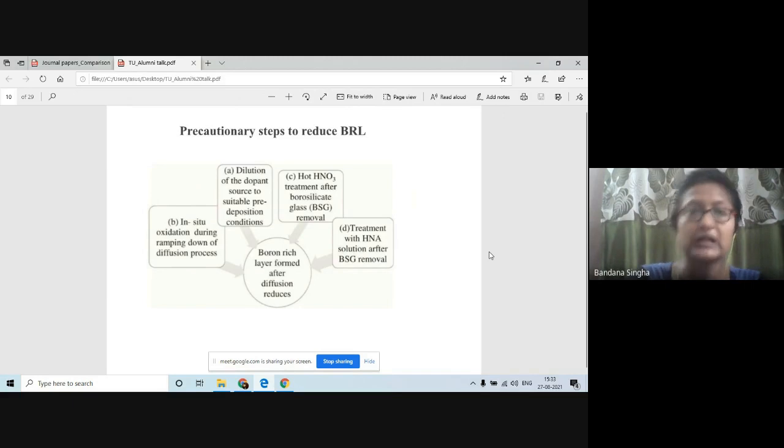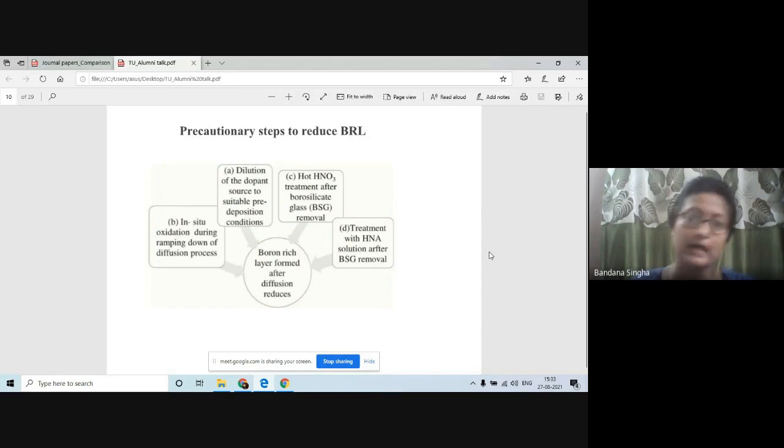And when we carry out the diffusion process, it's an essential step to consider an in situ oxidation process during the ramping down of the diffusion process. This ramping down helps to form borosilicate glass layer, which can later be removed by 2% HF solution.